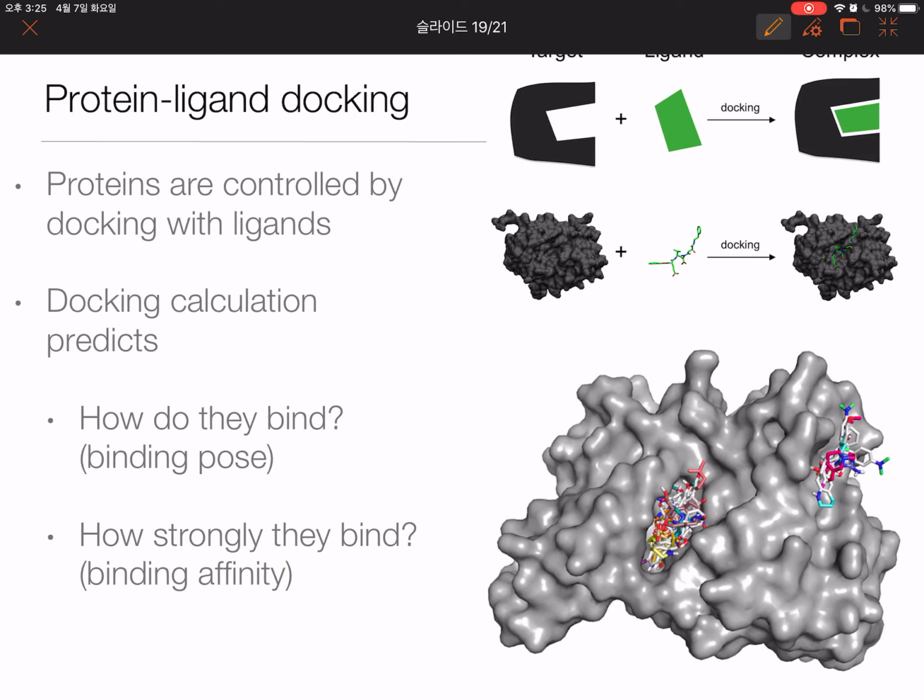The other task we're going to practice during this semester is called protein ligand docking. Usually the function of proteins is controlled by docking, which means binding with ligands. Let's say this is your protein, and usually this is a small molecule.